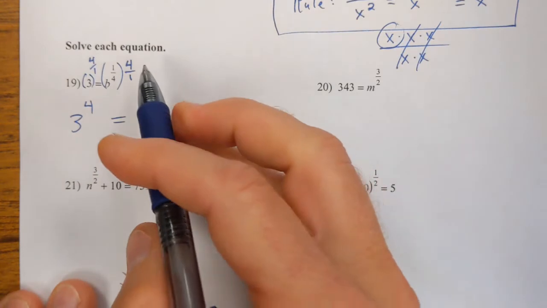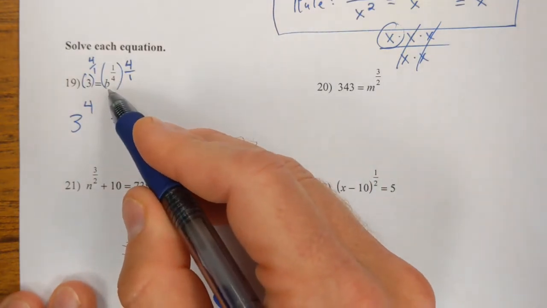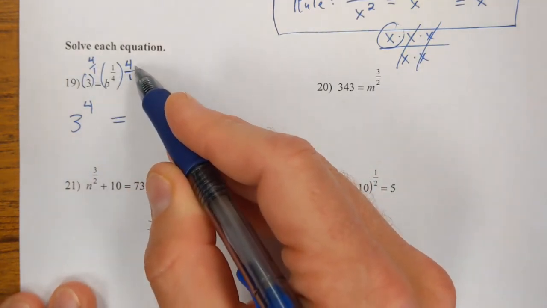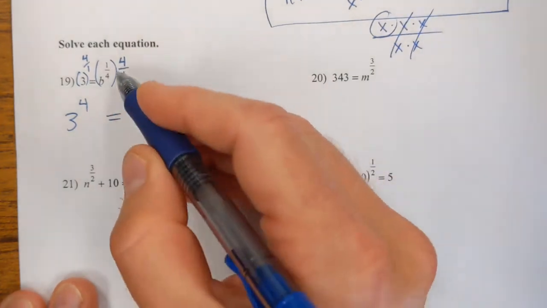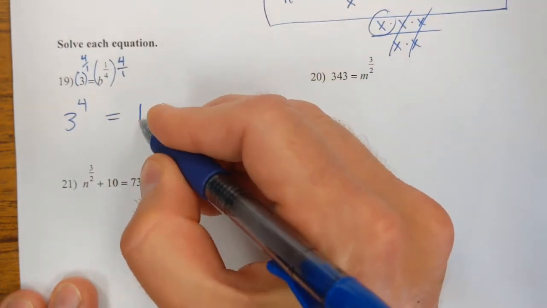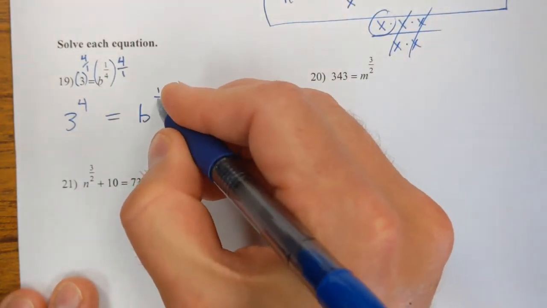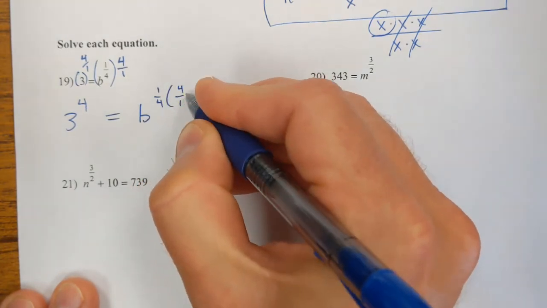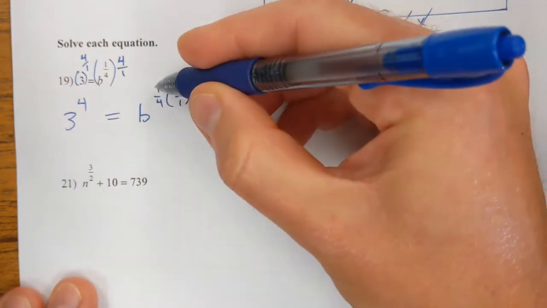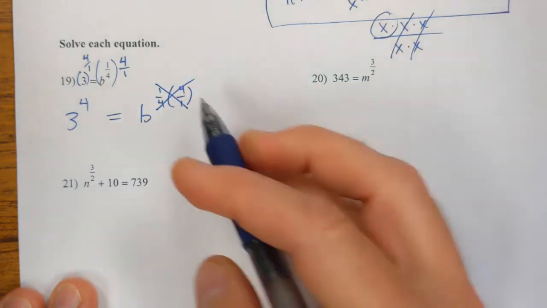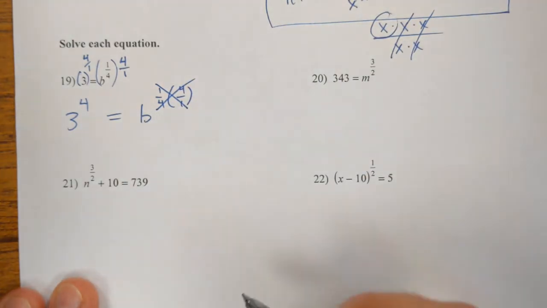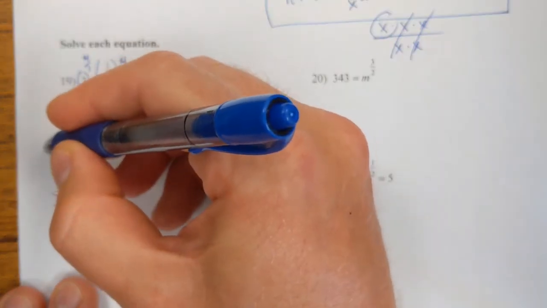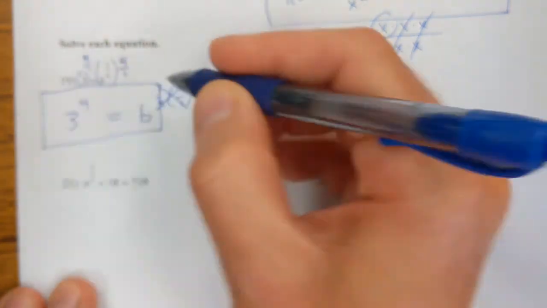But watch what happens over here. If I take b to the 1/4 power to the 4 over 1 power, well, think about it, I would have to multiply. This would become b to the 1/4 times 4 over 1 power. Well, look, all these cancel out, and I'm just left with b to the 1st power. Or in other words, I'm left with my solution. b is equal to 3 to the 4th power.